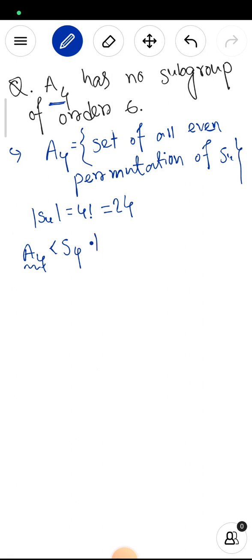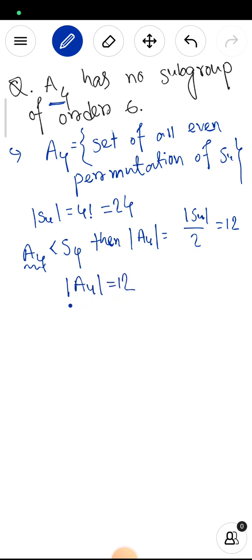Then what is the order of A4? We know that the order of A4 equals the order of S4 divided by 2, that equals 12. So what do we get from here? We get that the order of A4 equals 12. We know that the order of S4 equals 24, then the order of A4 is 12.